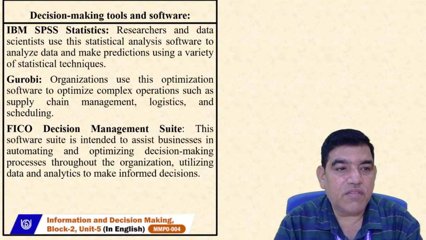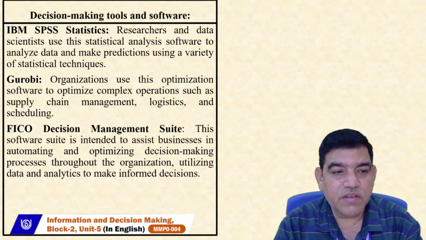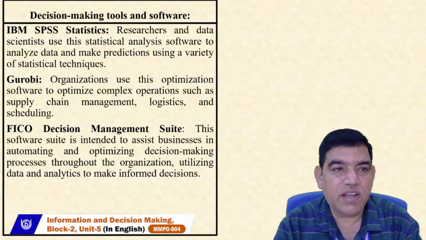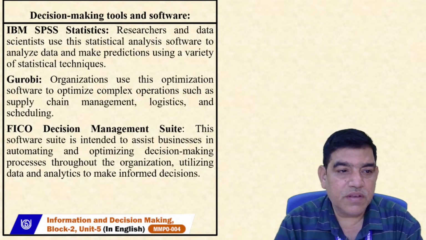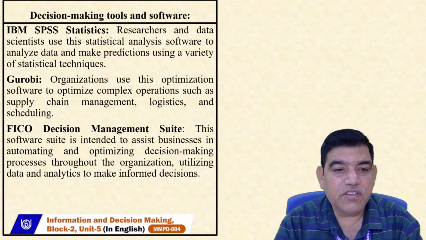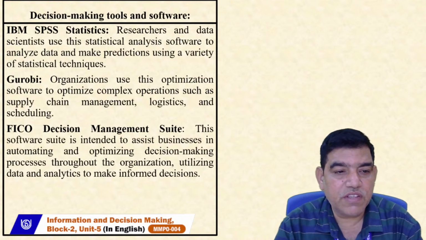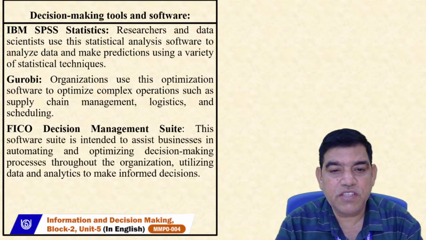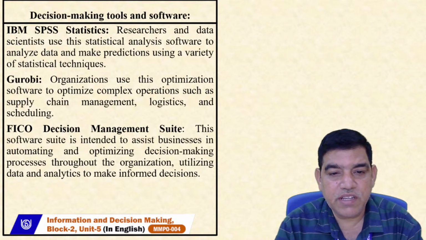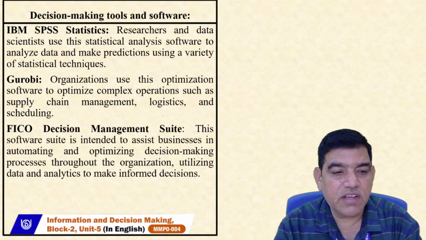Similarly, other software such as Grobi and FICO Decision Management Suite are used for data analysis in the decision making process. The FICO Decision Management Suite is intended to assist businesses in automating and optimizing decision making processes throughout the organization, utilizing data analytics to make informed decisions.